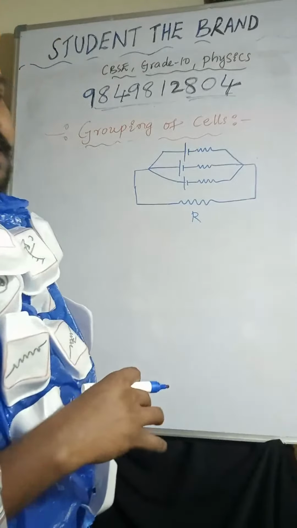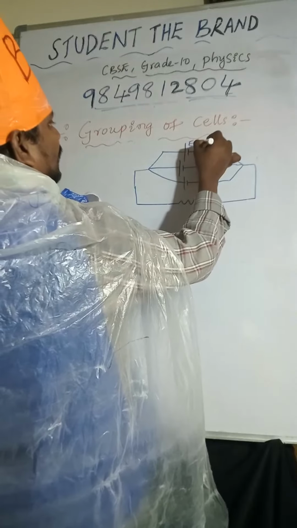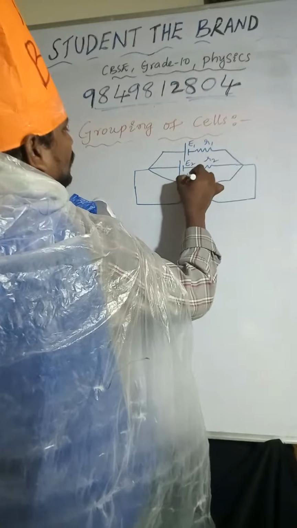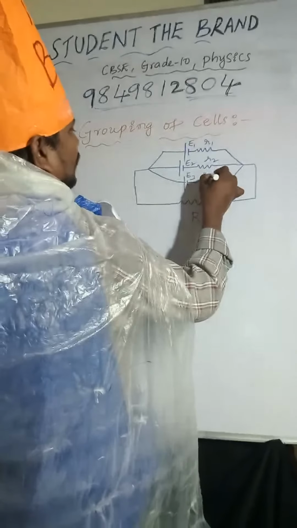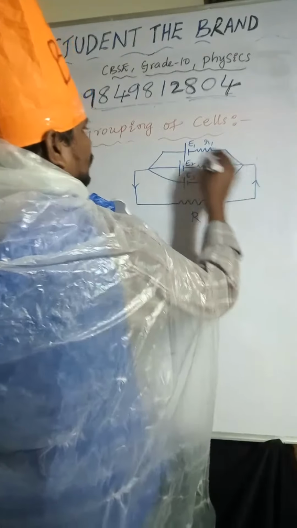So this is the capital R, total resistance. Here is E1 and R1. Here is E2, R2, E3, R3. So current starts flowing.